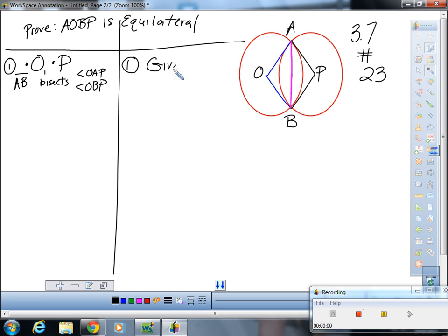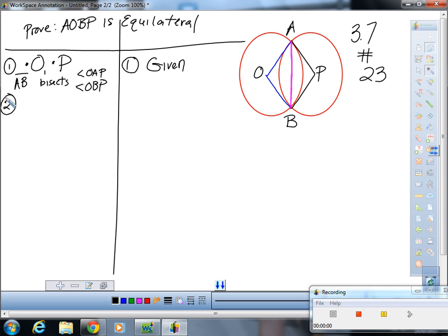So, we are given that O and P are the centers of their circle, and AB bisects. Okay, this is going to be interesting. I'm not exactly sure I know how to do this, okay?